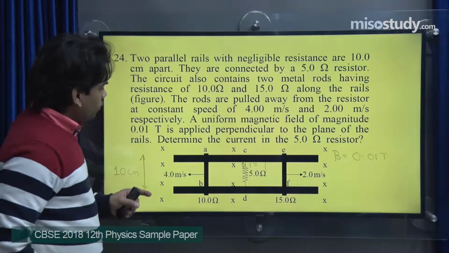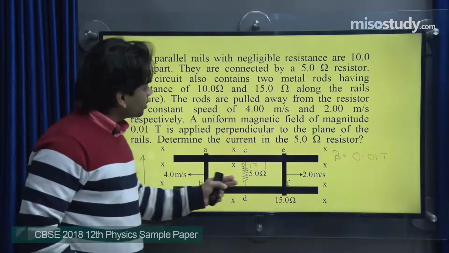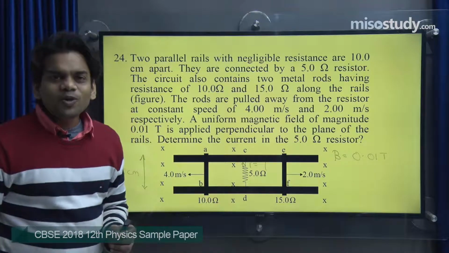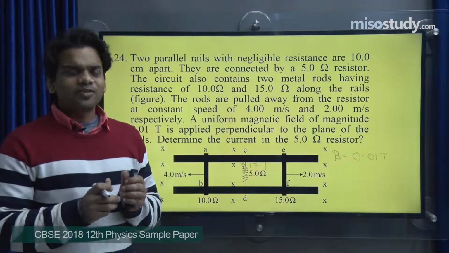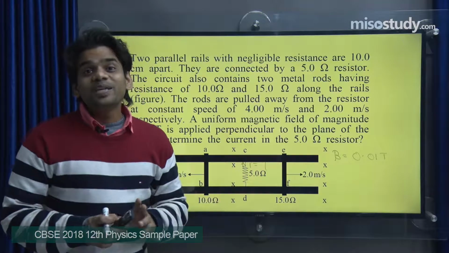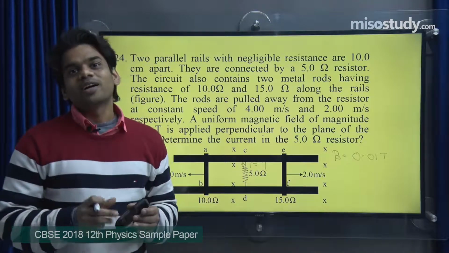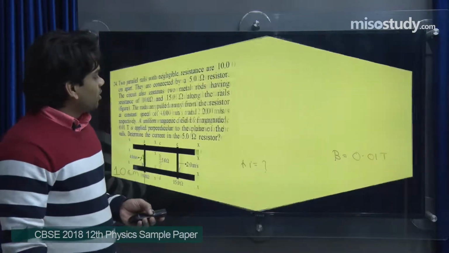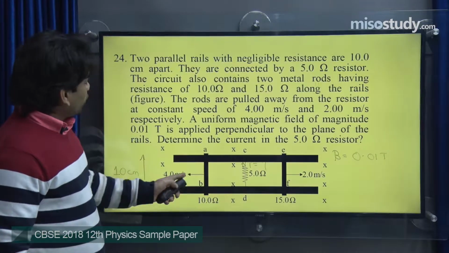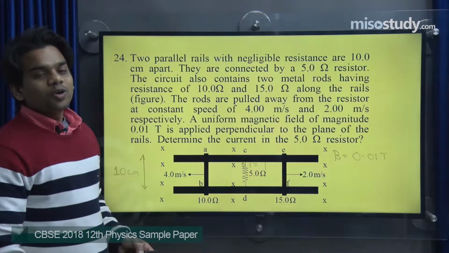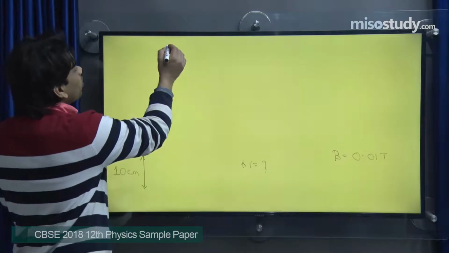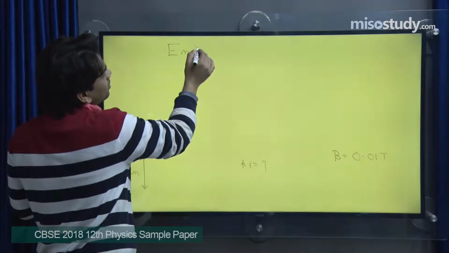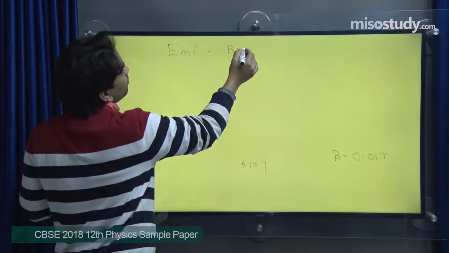Now how to do it? First of all, these 2 rails are moving. Now we know that when a rail is moving in a magnetic field and the circuit is complete, it will work as a battery, as a cell. The EMF of one cell is given by BVL.